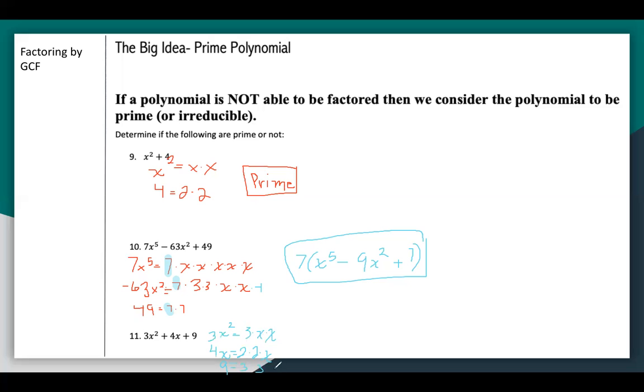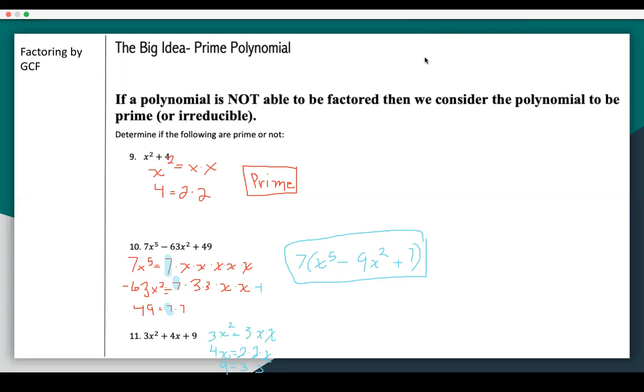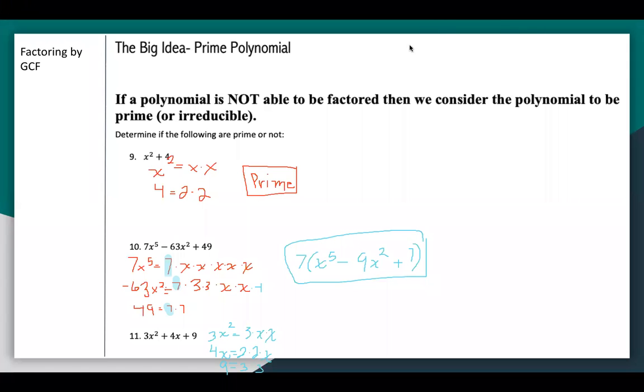And if I look at all of these, and I'm sorry if you really can't see this bottom because it is bright blue, but if I look at all of these, there is nothing in common. The first and the last one both have a 3, but 4x does not have a 3. 3x squared and 4x both have x's, but 9 doesn't have an x. And so because there is nothing in common in all three, this is considered prime. Number 11 is considered prime.